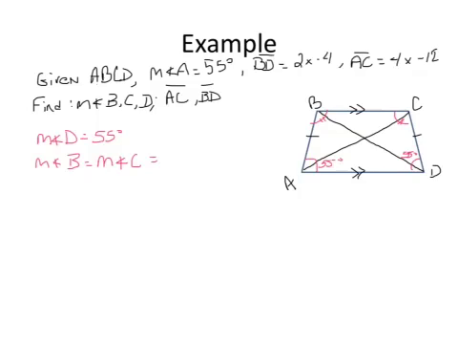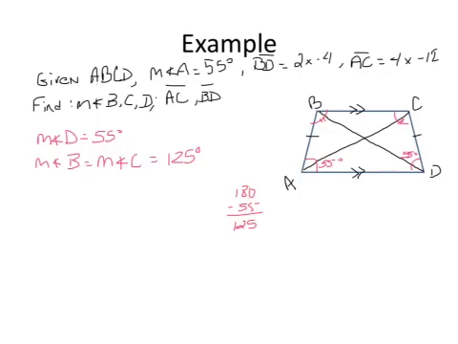So 180 minus 55 will be 25 degrees. Okay? Sorry, 125 degrees. What was I thinking? 125 degrees. Something wasn't computing in my brain, and I'm like, wait, that's got to be an obtuse angle. Anyways, so 125 degrees will be the measure of angles B and C.